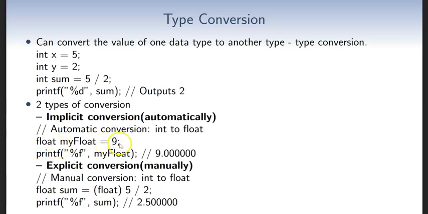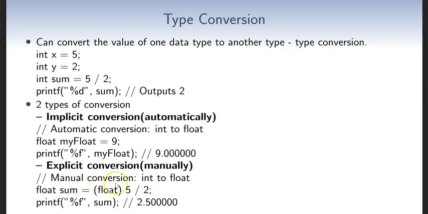We have the value of 9, which is an integer value. We are printing this variable. We are getting this output. See, in this output we are getting the float value. So the automatic conversion has been implemented here. This is an example of implicit conversion.